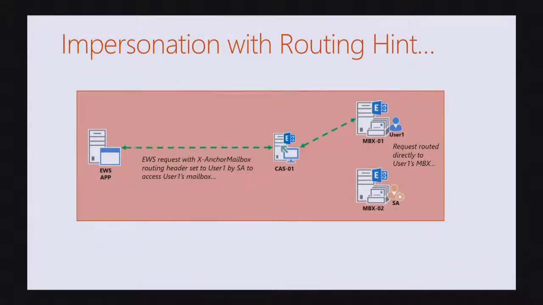So even though I'm authenticating as a service account, I'm going to set the X-AnchorMailbox HTTP header with the SMTP address of the target mailbox. That tells the CAS, which, remember, isn't protocol specific, to pick off that header and route the request to mailbox 1 directly, so we don't have the extra hop.